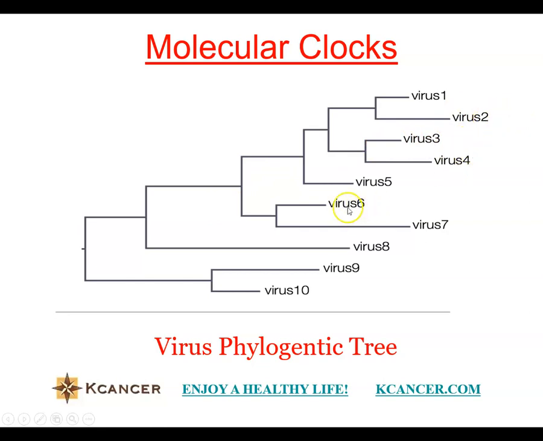The same is true for 6 and 7, which are close, but 6 is much more distant from 5. Also, 9 and 10 are close. They have a short distance in terms of nucleotide sequence. Compared to 9 and 8, this is more distant.